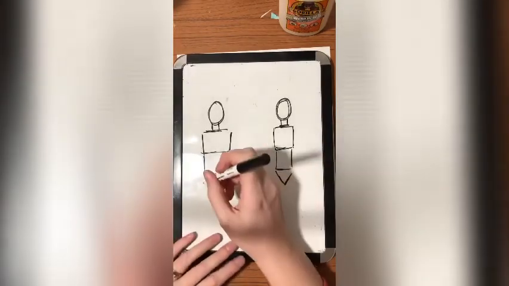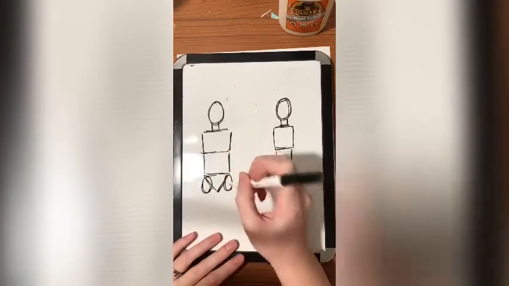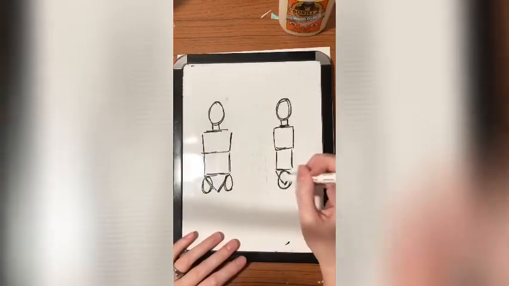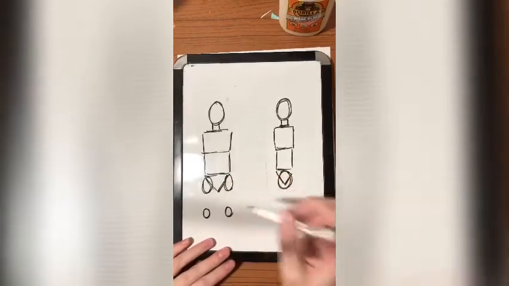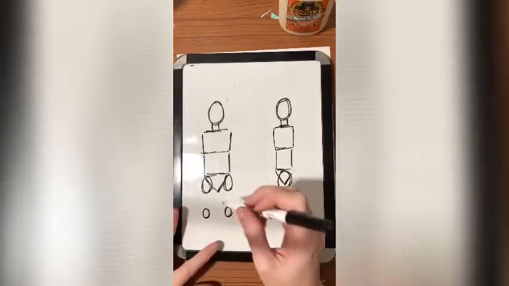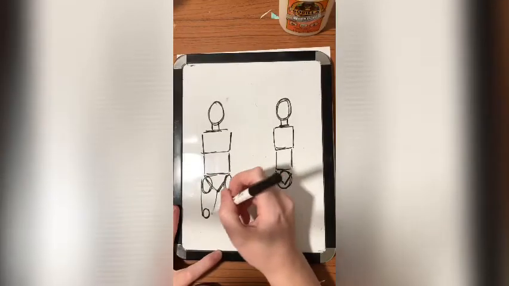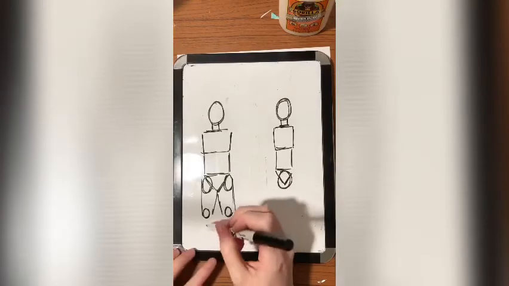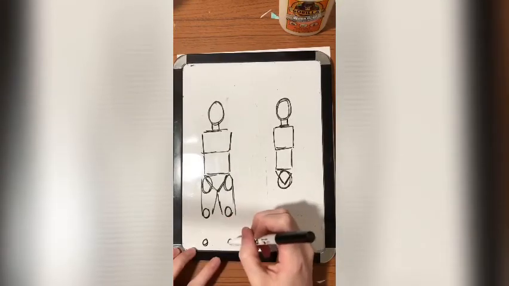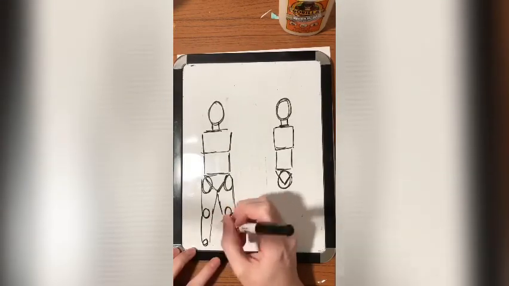Then we're going to make a circle for each leg. And since we're looking from the side, you can only see one circle. Smaller circles. And you can connect them. And it gets even smaller because we're creating the ankles.